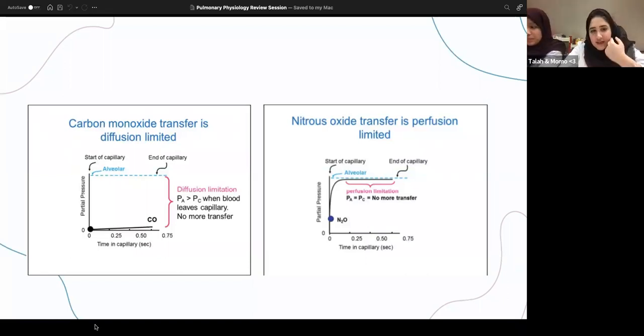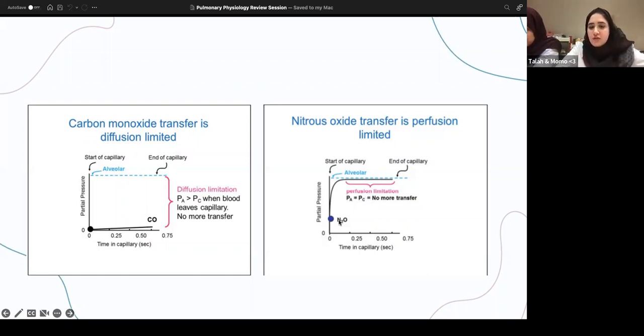The partial pressure of the gas in the lung is going to increase until it equals the partial pressure inside the capillary. If the blood does not move, the nitric oxide is not going to be absorbed more, because it reached an equal level. See here, Pa equals Pc.